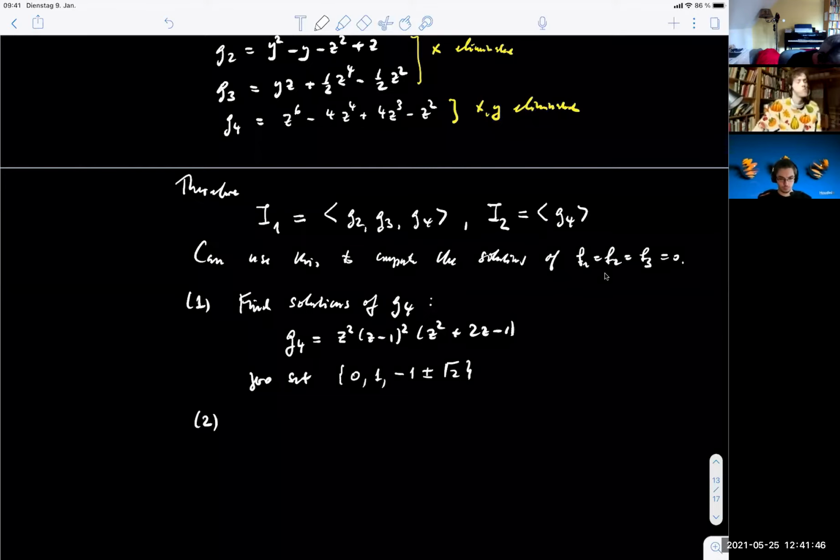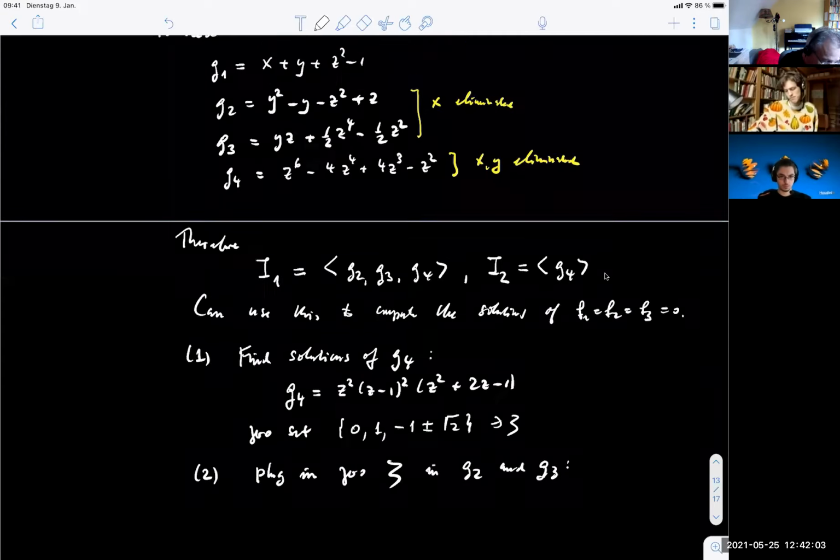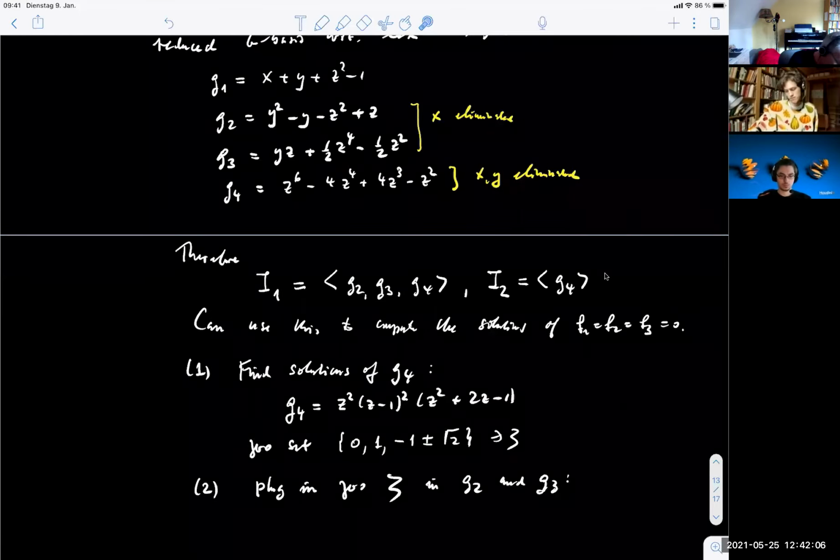So plug in 0, I call it zeta. Zeta will be here in G2 and G3. The G2 and G3 are those.